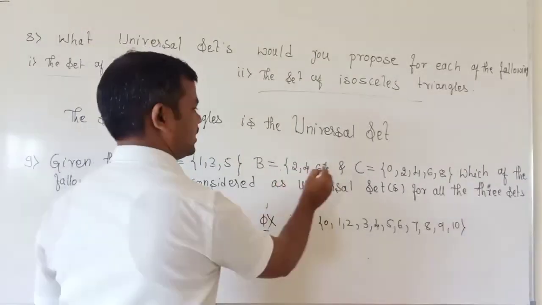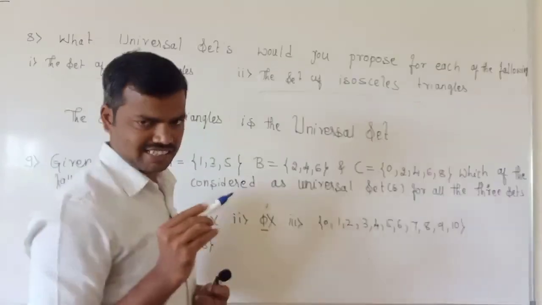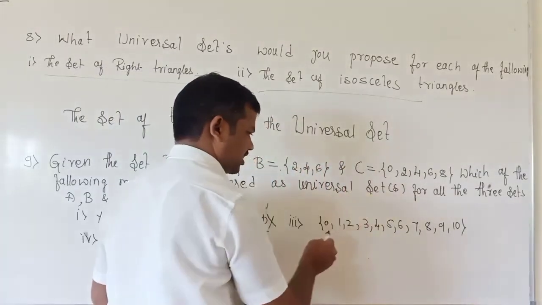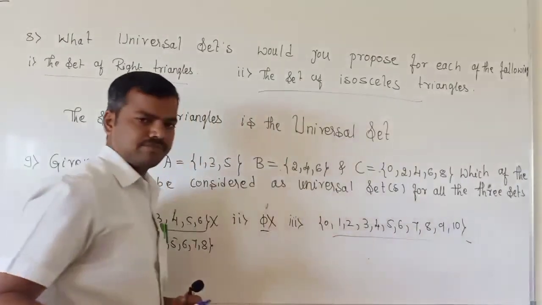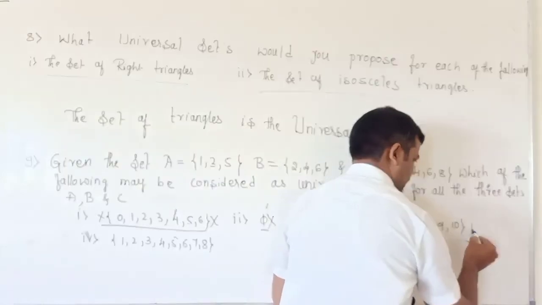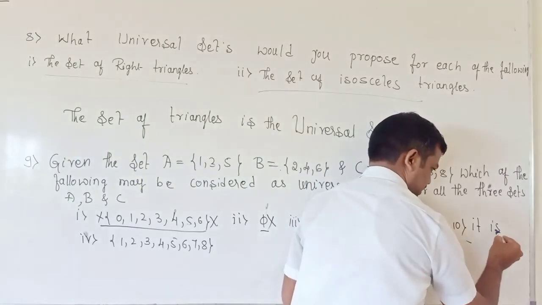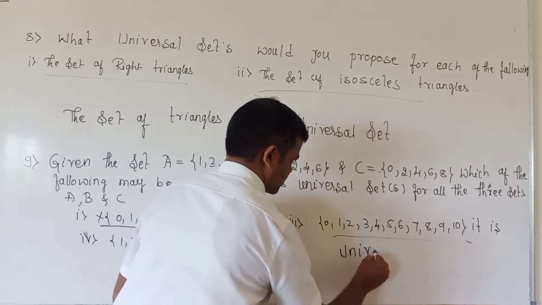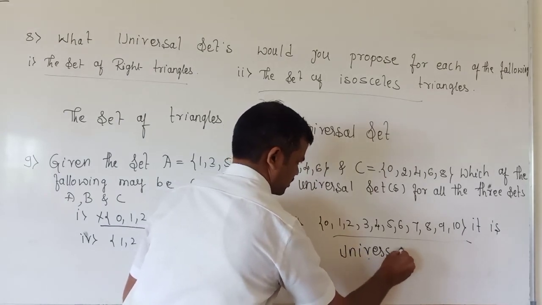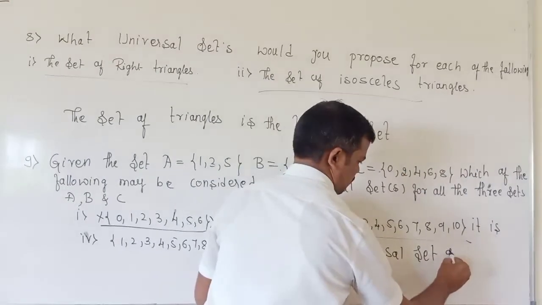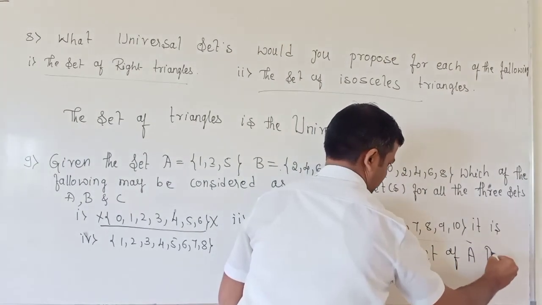All these three sets are subsets of this set, so all the elements of these three sets are there in this set. Then we say it is a universal set of A, B, C.